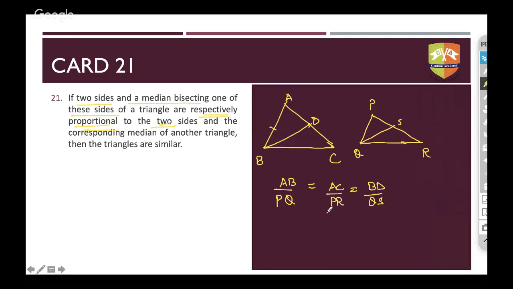If this is so, then triangle ABC is similar to triangle PQR.